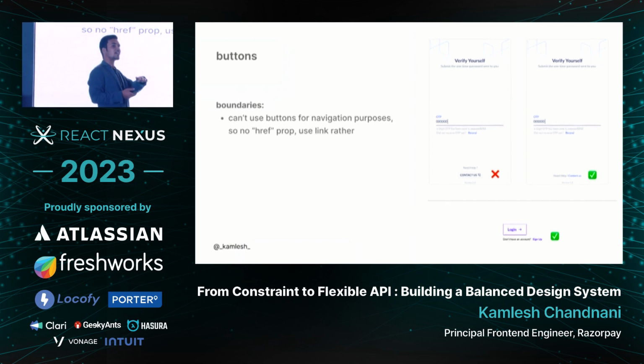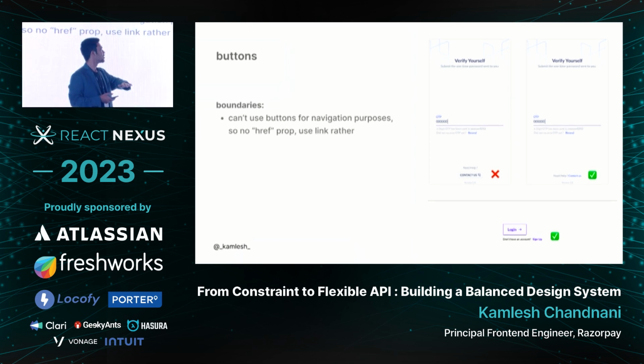And that again helped us eliminate patterns like this, where contact us is not really a button, because if you look at this UI, you are trying to grab the attention of a user on the button, while in reality that's not the case, right? So the correct usage of that is you would rather use a link with an anchor.